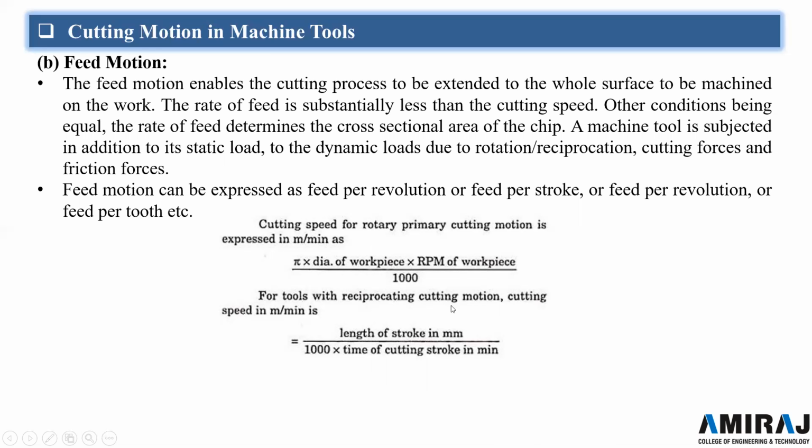While for tools with reciprocating cutting motion, the cutting speed is calculated as length of stroke in mm divided by 1000 into time of cutting stroke in minutes. That is, the length of the cutting stroke divided by 1000 into the time of the cutting stroke, how much time we spent cutting. This is how we can calculate the cutting speed for any rotary cutting motion and reciprocating cutting motion.